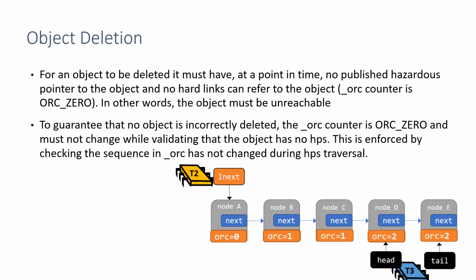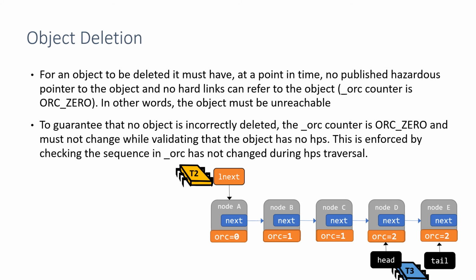And to validate this, the orc must be at 0 at the start of the traversal of the hazardous pointers and at the end, and the sequence associated with the orc cannot change.